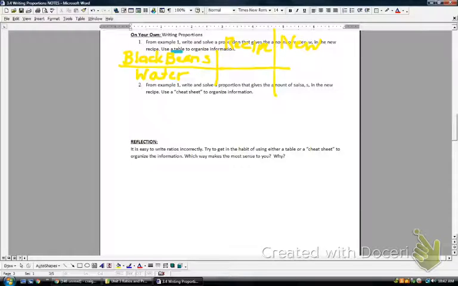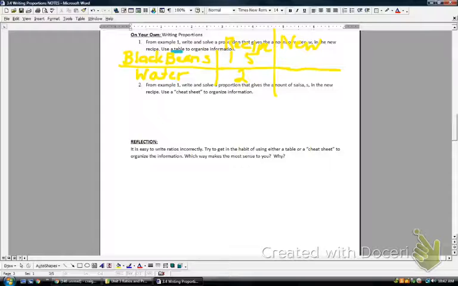Alright, so you can see I've already set my table up. I have black beans and water, then I have my current recipe, and then I have my new recipe. So from the recipe on example 1, I know that I have 1.5 cups of black beans to 2 cups of water.